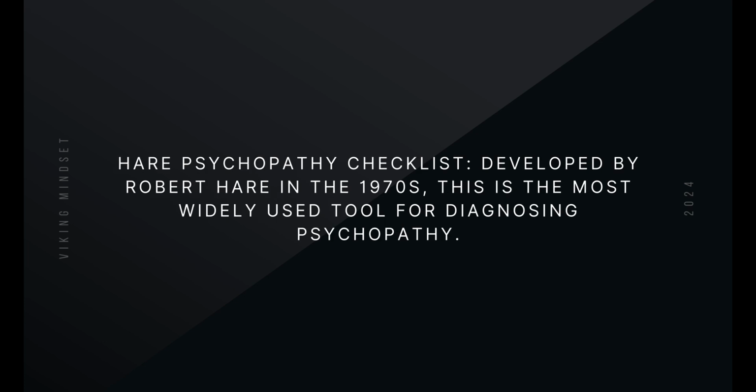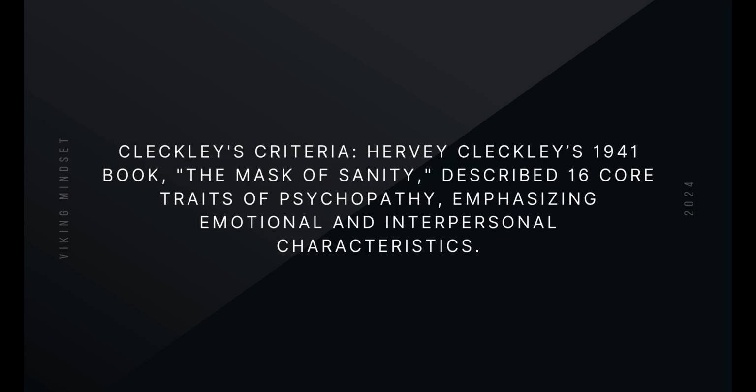Now, the Hare Psychopathy Checklist was developed by Robert Hare in the 1970s, and this is the most widely used tool for diagnosing psychopathy. Hervey Cleckley's criteria from his book, The Mask of Sanity, written in 1941, described 16 core traits of psychopathy, emphasizing emotional and interpersonal characteristics.